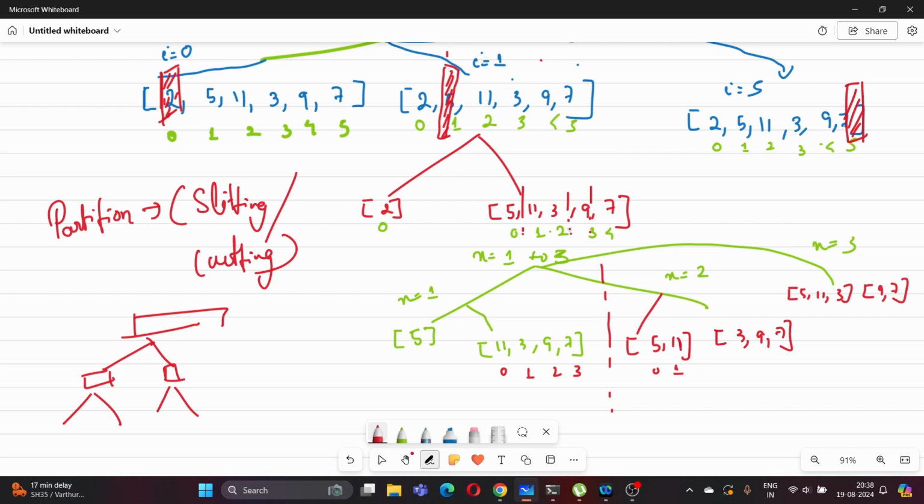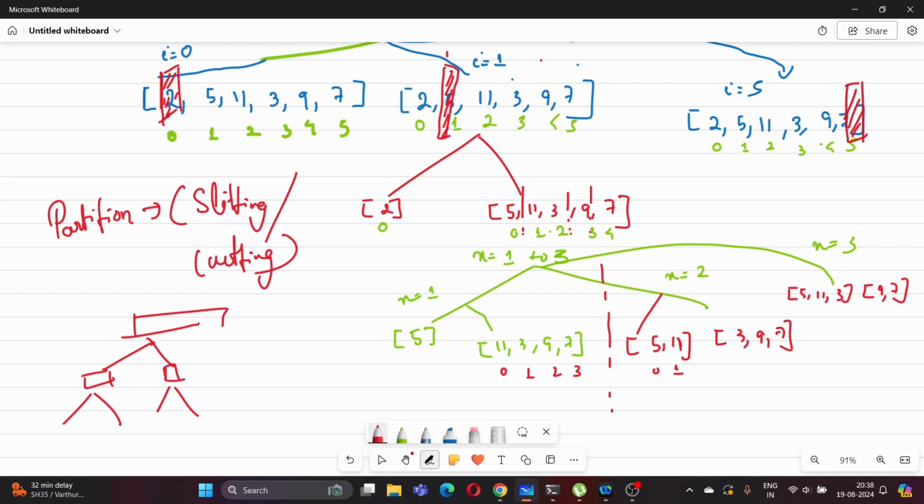So these are partitions, because you can part it at any point. The point that I'm trying to make is that partition is also related to recursion. The way recursion works, partition also works in the same way. But we have to try to make a cut at every point.